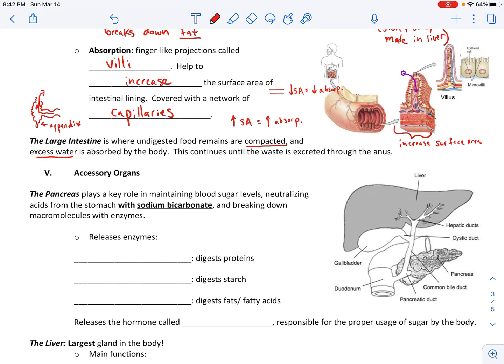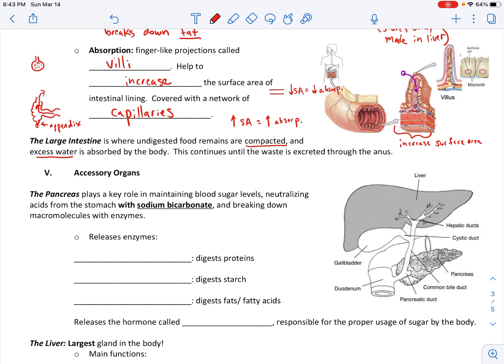But if anything gets caught in that little sac and can't leave, it can ferment and get larger and larger, because undigested food creates gas as it ferments.